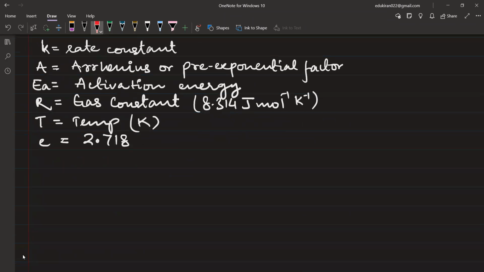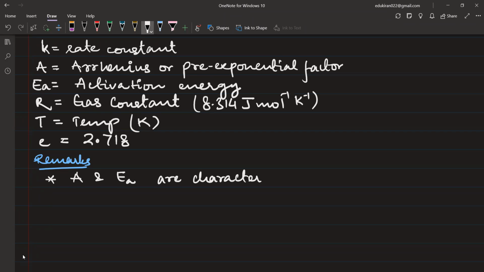Okay. All right. Write some remarks here. A and EA, the activation energy and the pre-exponential factor or the Arrhenius factor, are characteristic for a reaction.